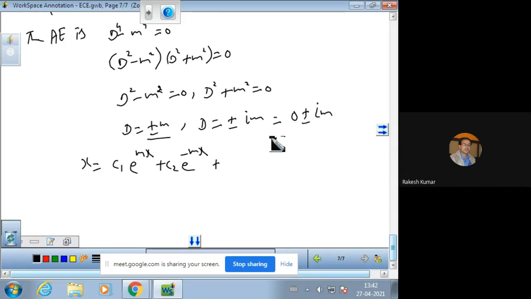So the real part gives e raised to power 0x. Then the third constant is C3 cos of mx plus C4 sine of mx. So these are the roots we have.